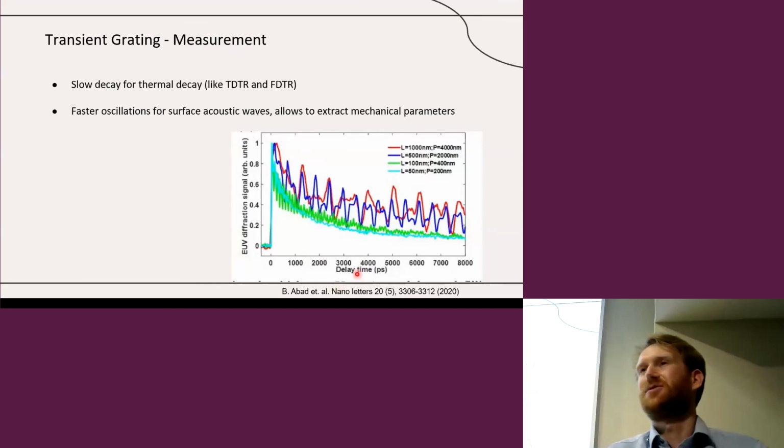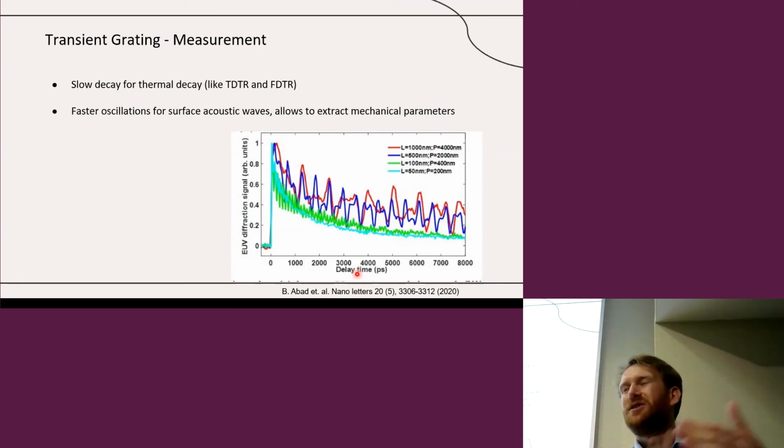I think the nice thing of the transient grating method is that with the time domain thermal reflectance and the frequency domain thermal reflectance, you will change the frequency to change the penetration depth, and thus the typical length scale over which your transport is taking place. With transient grating, you can change the distance between these lines, and in such a way change the length scale over which your transport is typically taking place.